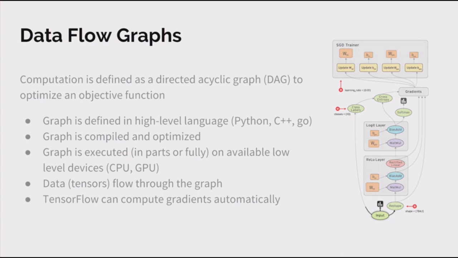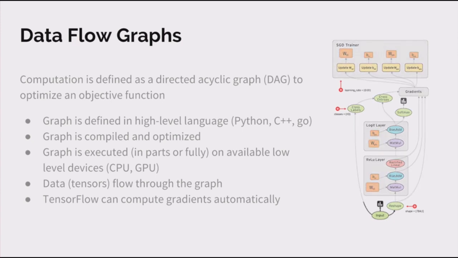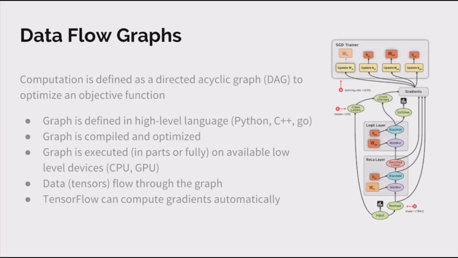So in TensorFlow, the way we hold all the data, the weights and the biases associated with your network, is using something called a variable. It's a stateful operation.